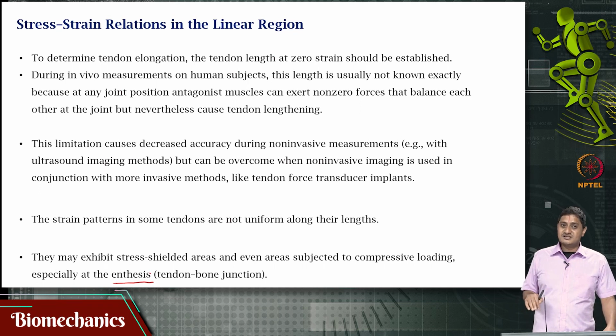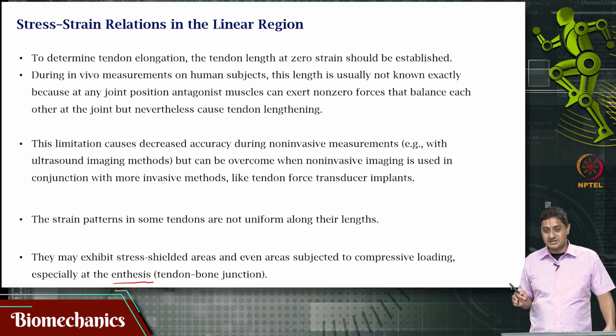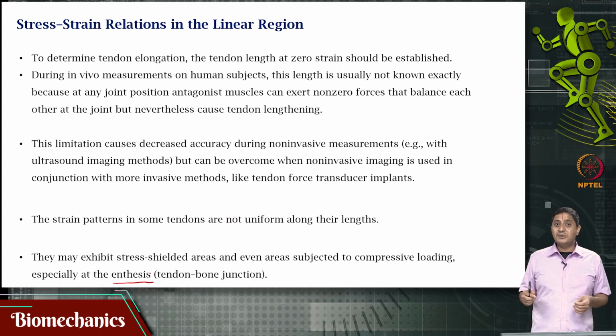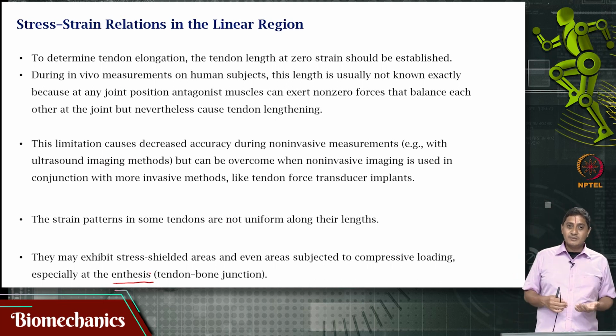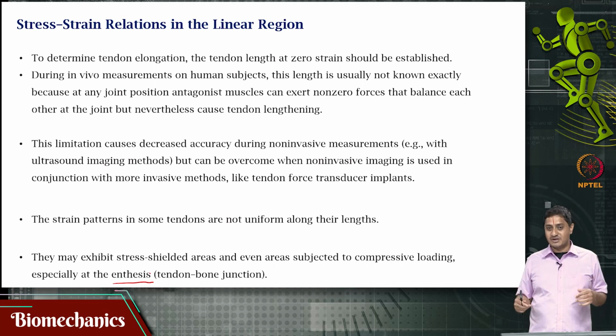There are regions of elasticity, nonlinear elasticity, linear elasticity, physiological range and outside of the physiological range, that are material properties. But depending on where you are in the tendon, whether you are closer to the muscle or closer to the bone, the properties also change as you travel from the muscle to the bone, something to keep in mind. So, it is not uniform throughout.